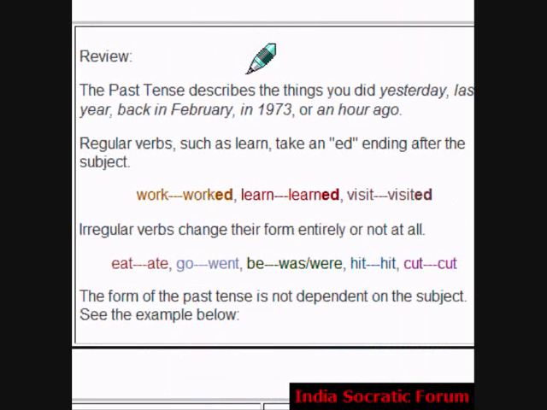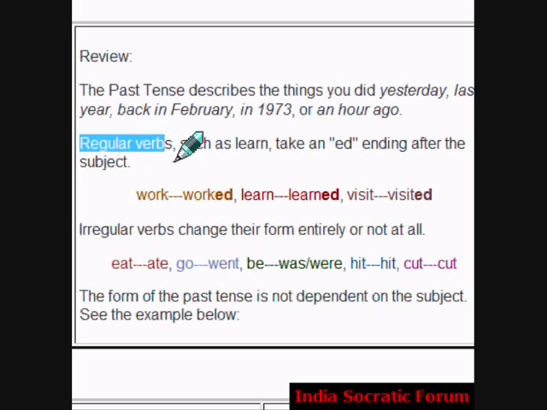Okay. Review. The past tense describes the things you did yesterday or last minute or last year, back in February 1973 or an hour ago, something like that. Okay, it's a past. Past means you are done with it. It has happened.